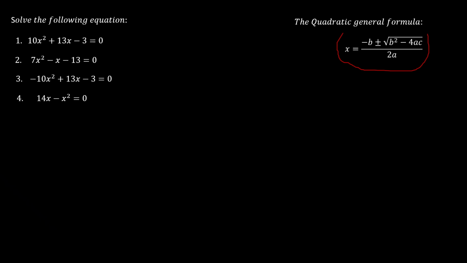So let's move on. In number one question here, it says 10x squared plus 13x minus 3 is equal to 0. So how are we going to find the a, b, and c?